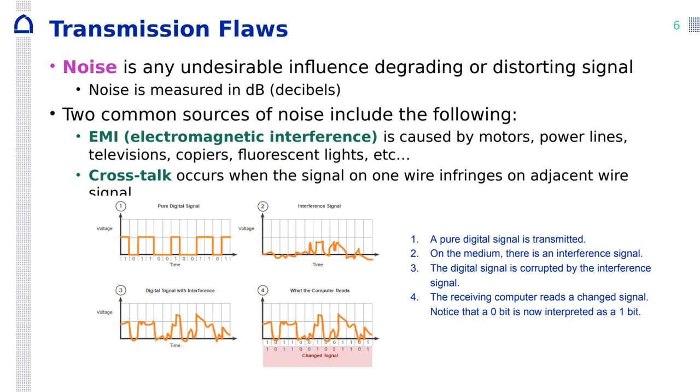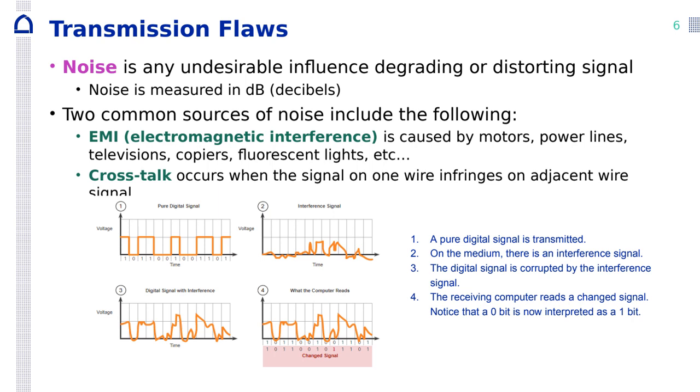Transmission flaws. What are the obstacles for transmission? Noise. Noise is an undesirable influence degrading or distorting the signal quality. And it is measured in decibels. Two common sources of noise: EMI, which is electromagnetic interference caused by motors, power lines.